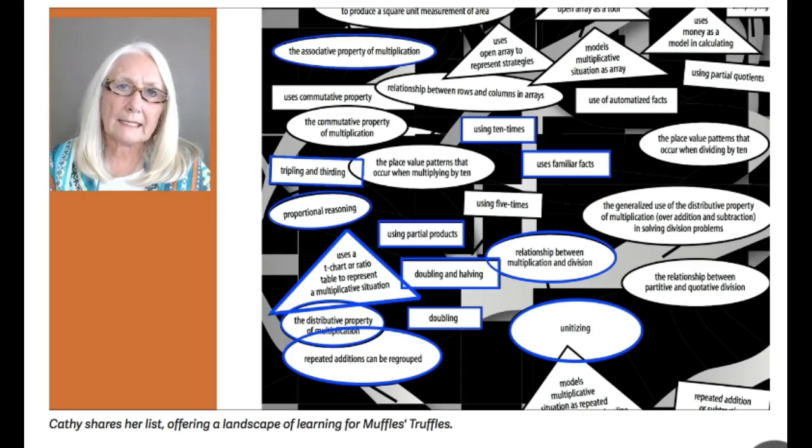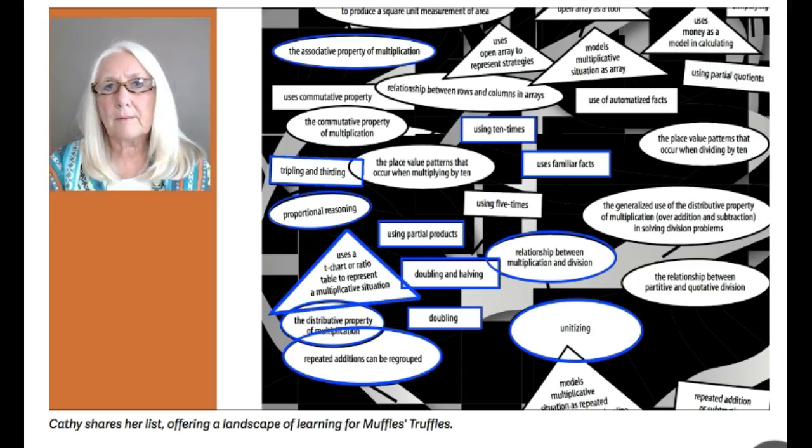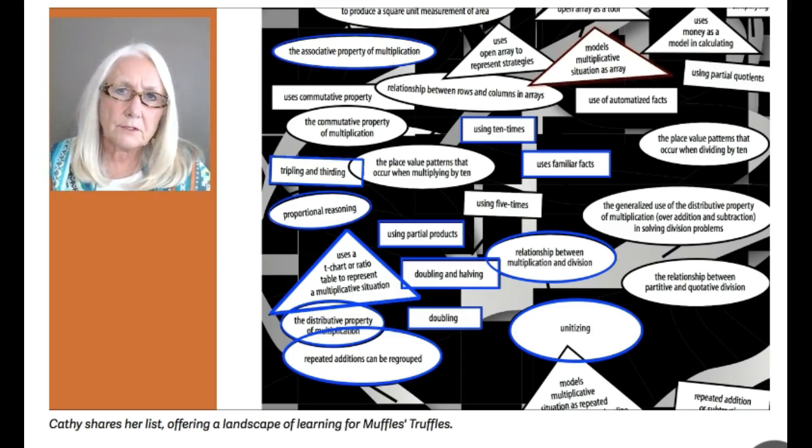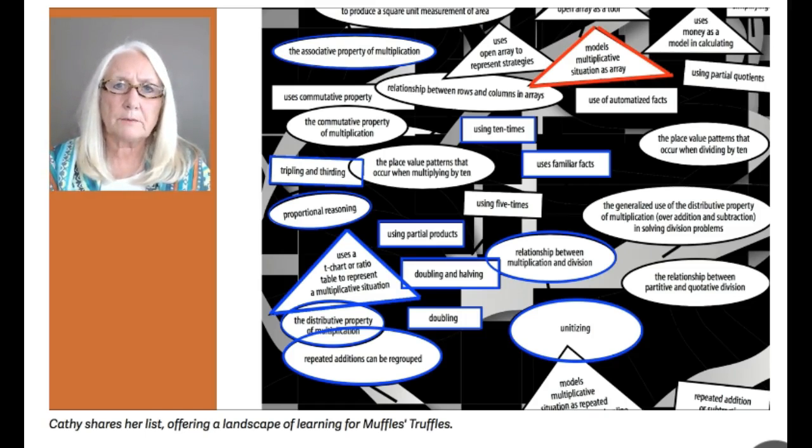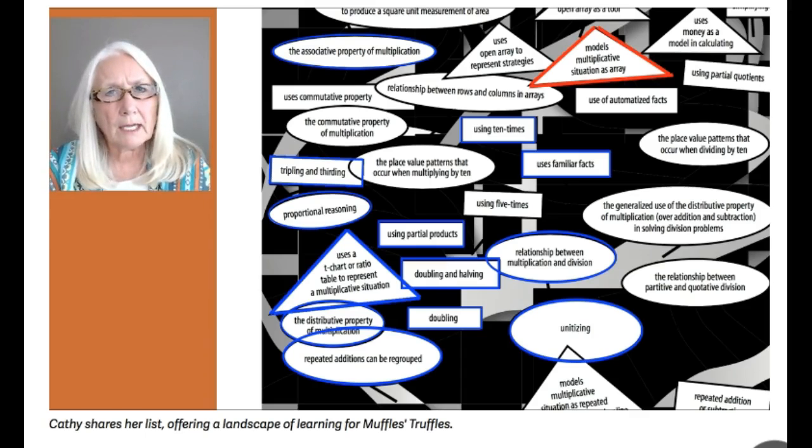Let's go back now to take a look at some of the other models that are important. In this unit, the array model is critical. It's being developed because it's going to be a powerful model to represent partial products, the commutative property.